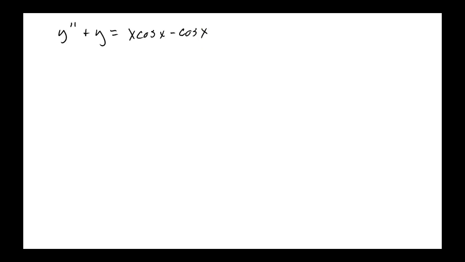Now, you start with the complementary function. That's the left-hand side, where you set that equal to 0. And our technique for that, rather than like the book just says what it is, I want to show you where to go to get it.